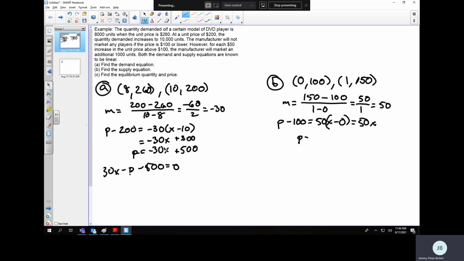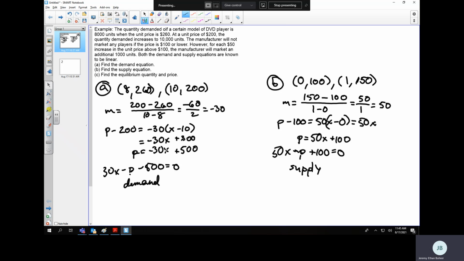And then we can rewrite this as P equals 50x plus 100, which will come in handy when we are working on part C, but we can rewrite this equation as 50x minus P plus 100 equals 0. And there is our supply equation. So that's parts A and B done.